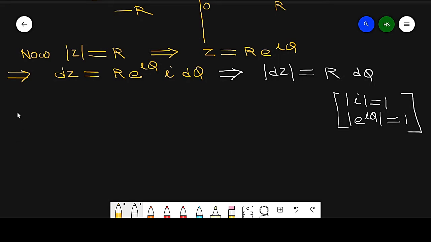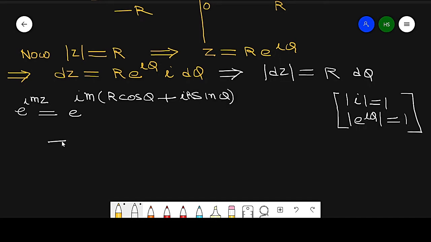Also, the second requirement is e raised to power iota m z, where m is some positive number. Here z is equal to R cos theta plus iota R sine theta.